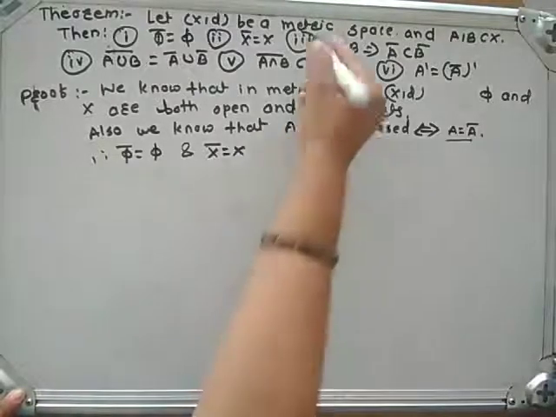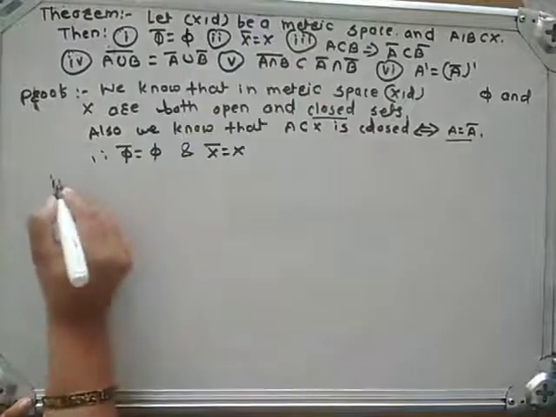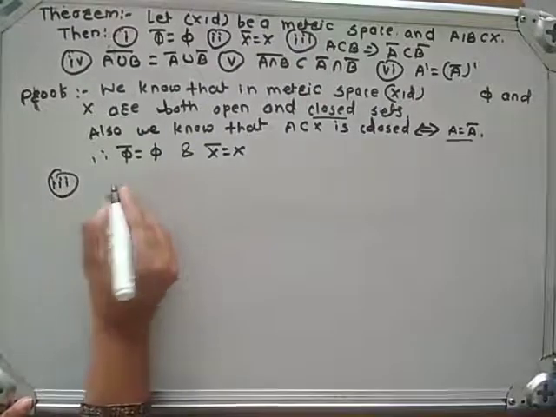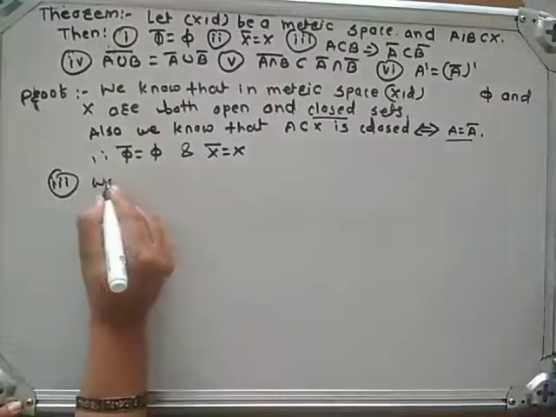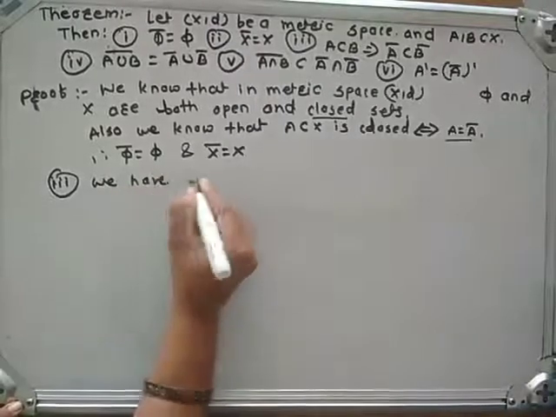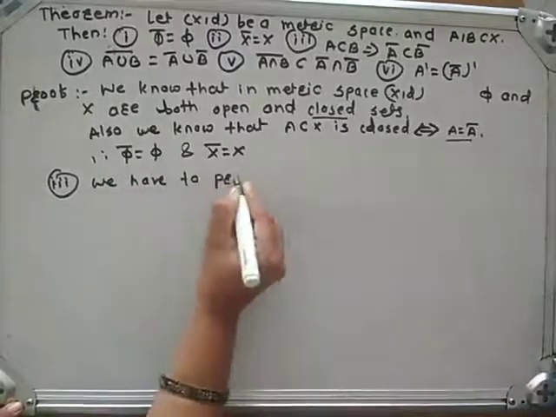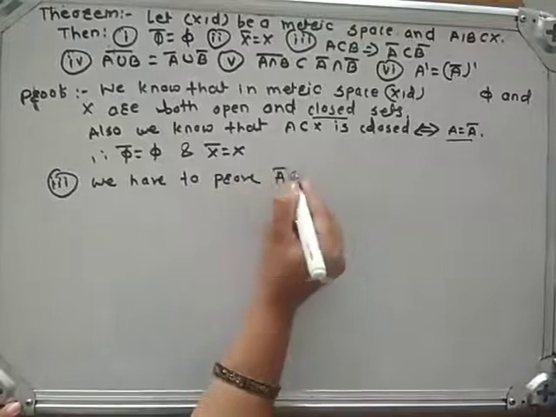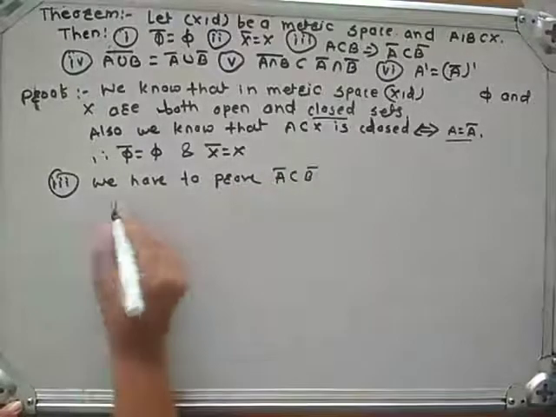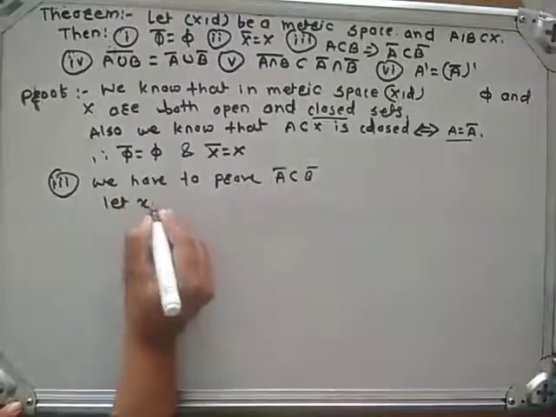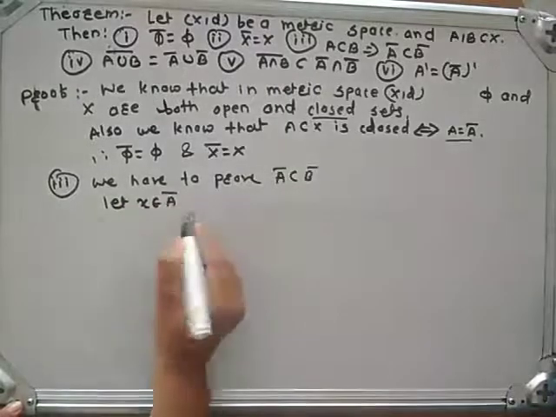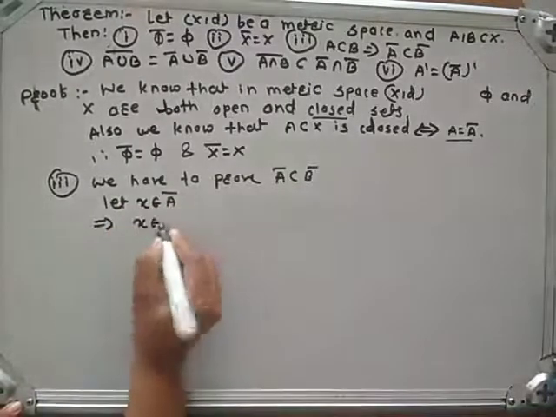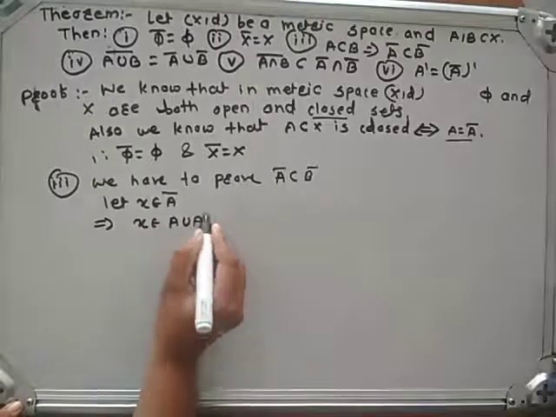Now we will prove part 3. In part 3, we have to prove A closure is a subset of B closure. Let x belong to A closure. That implies x belongs to A union A dash.